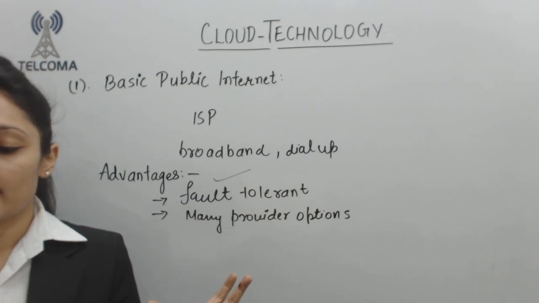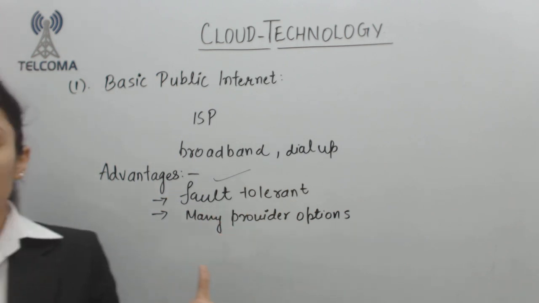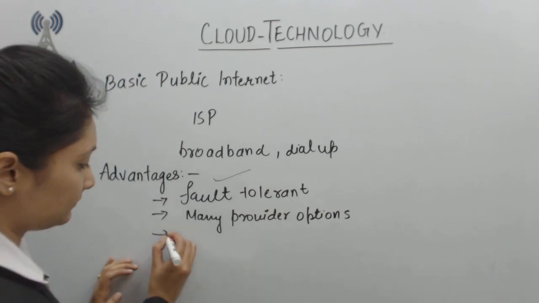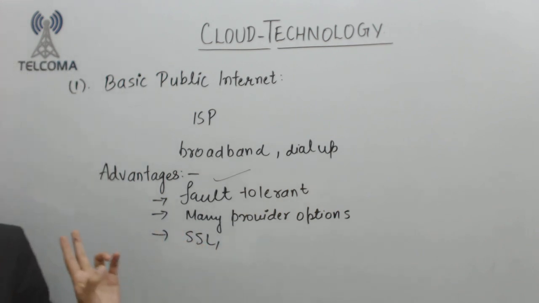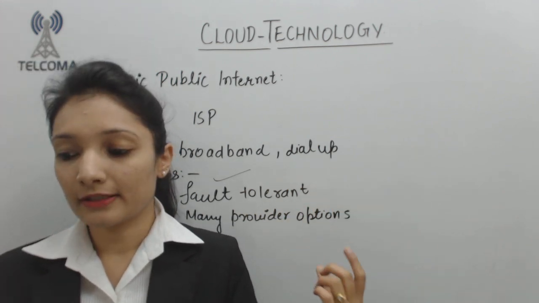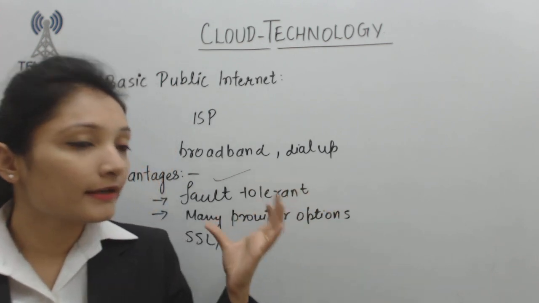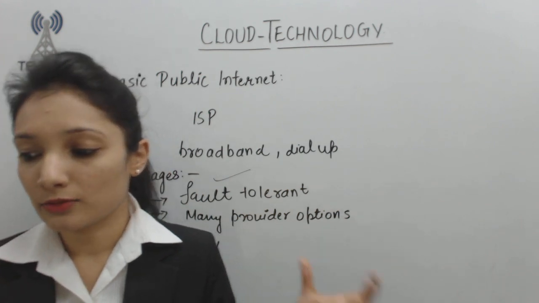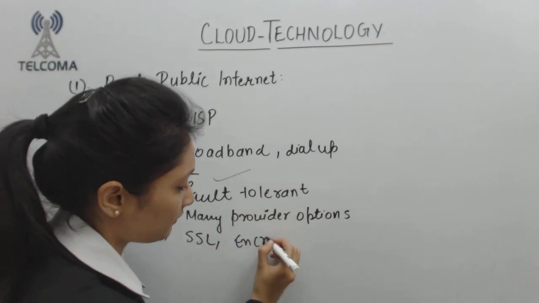The next advantage is secure connections. It has secure socket layer, and HTTP over SSL. That means we have encrypted access, and it provides integrity and security of your data.